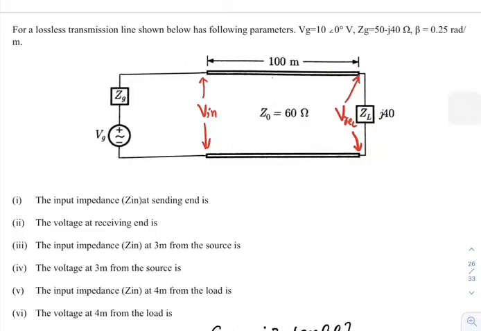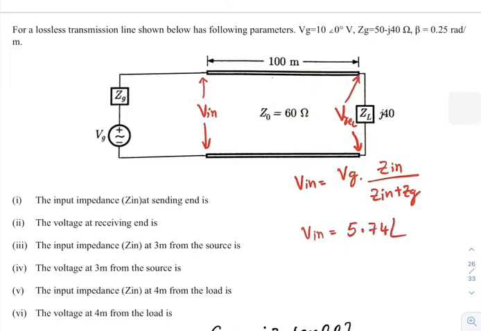From this figure I can write Vin equal to Vg into Zin by Zin plus Zg. Zin we just calculated, Vg is given, and Zg is also given. Upon substituting, we will get Vin equal to 5.74 angle 102.01. Now we have the voltage at the input terminal of the transmission line.